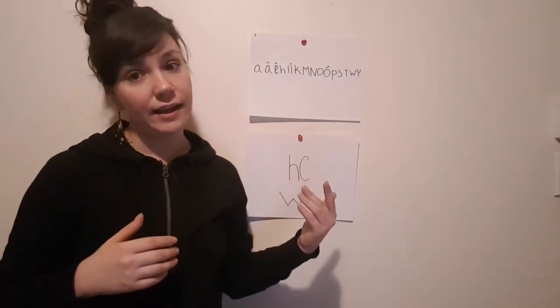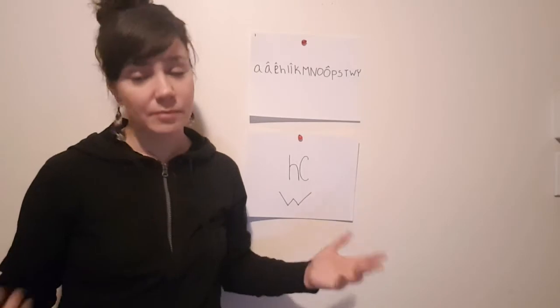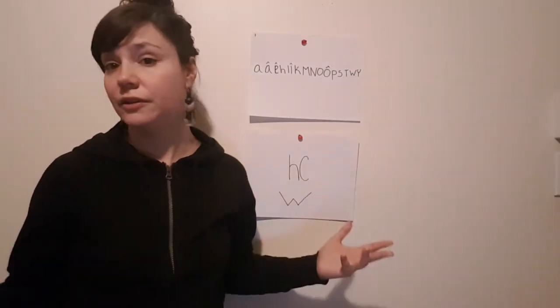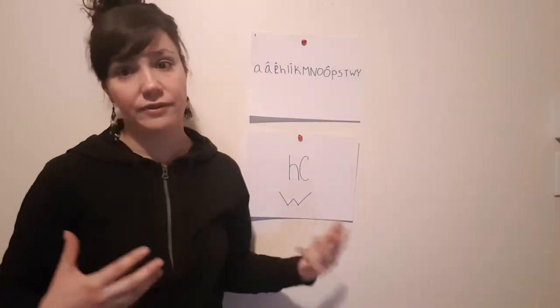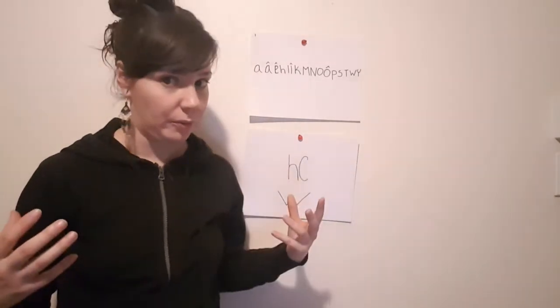When you see an A, it's not necessarily going to be pronounced the way you would expect an A to be pronounced. Most people are prepared when learning a new language that sometimes you have to let go of audio habits.